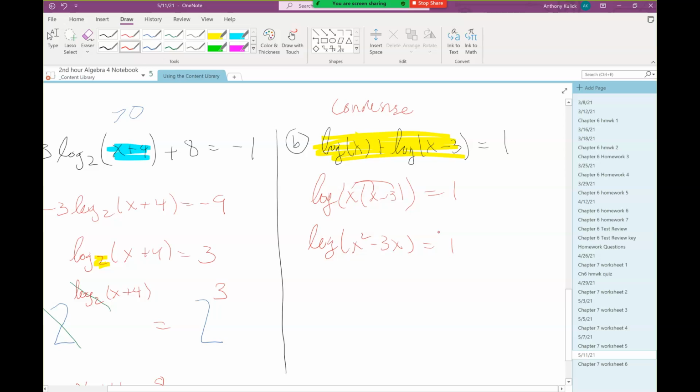And now I'm going to cancel out my logarithm. So to cancel this logarithm, I need to use an exponent base. What number should I use for my exponent base? Not 1.